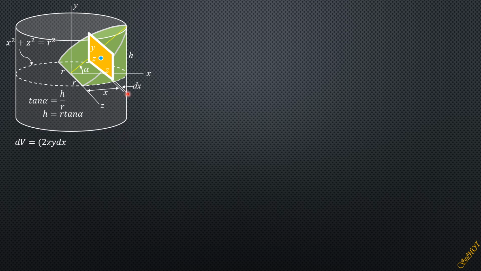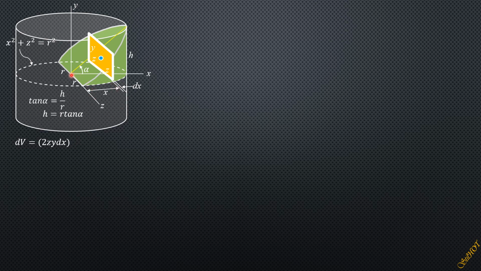So differential volume is the volume of the slab, and the volume of the slab would be the area of this rectangular slab with length 2z, z plus z is 2z, and the height y, so 2z times y times the thickness dx. In short, area of the rectangle times thickness dx.